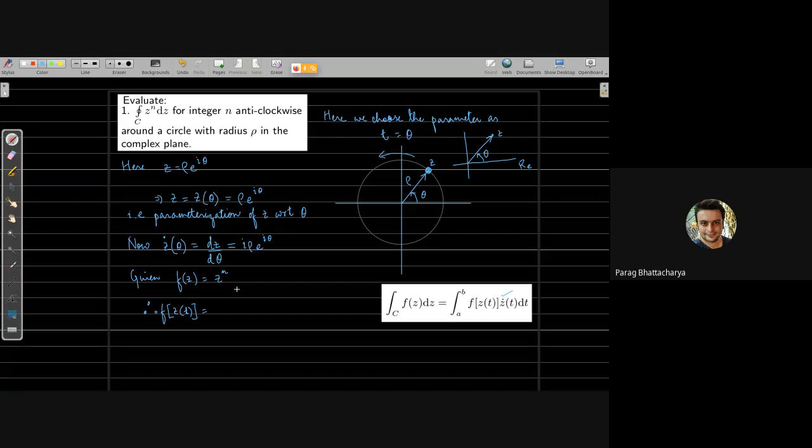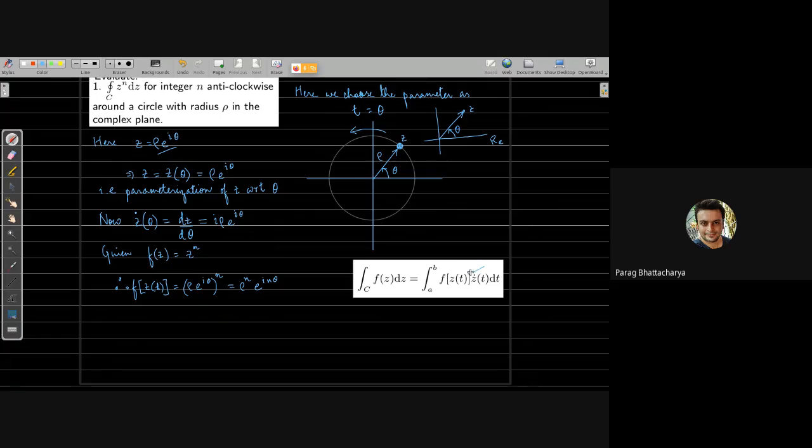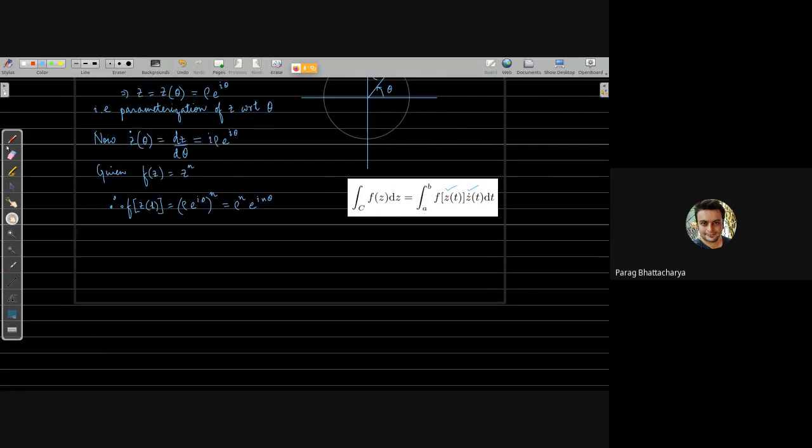Very simple. In this function, wherever there is z, you replace it with its parameterized representation. So z is rho e to the power i theta, whole to the power n. So this is equal to rho to the power n e to the power i n theta. Okay, so this is this part. Now we can go ahead and integrate this over c.